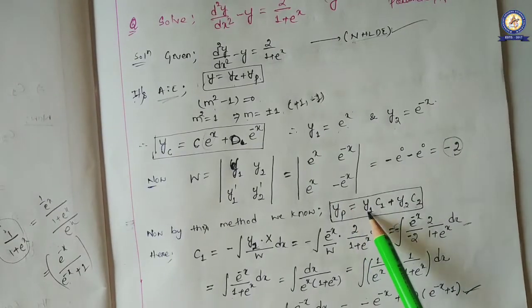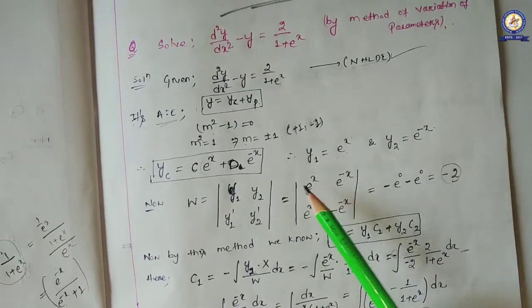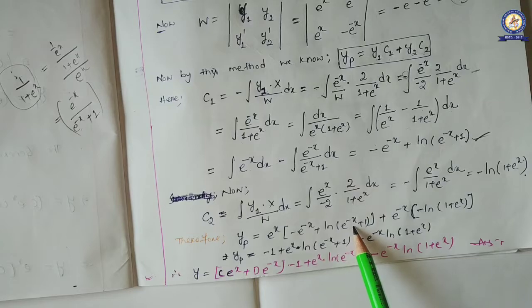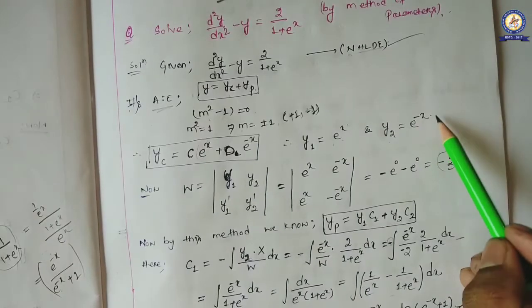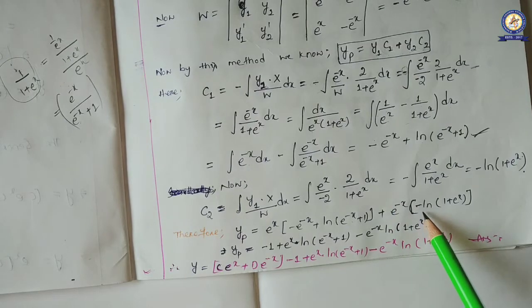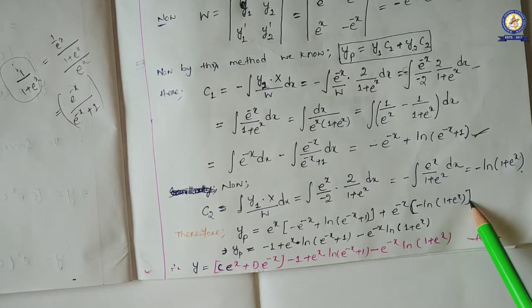Therefore yp will be what? It is y1 c1. So y1 is nothing but e to the power x, e to the power x into this one. And y2 is nothing but e to the power minus x, into minus ln of 1 plus e to the power x, right?